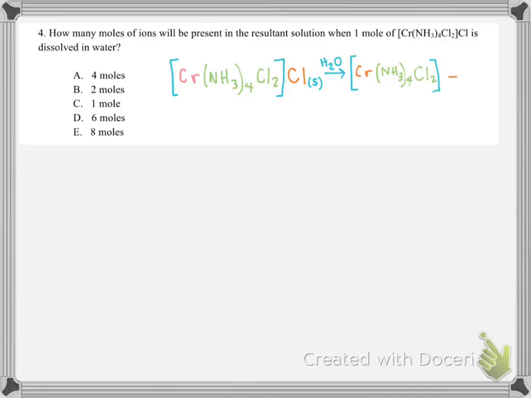But what's happening now is the Cl is dissociating. And we know that chloride is a -1 charge. So this will be aqueous. And so if we're losing a -1 charge, our whole complex then must be +1.